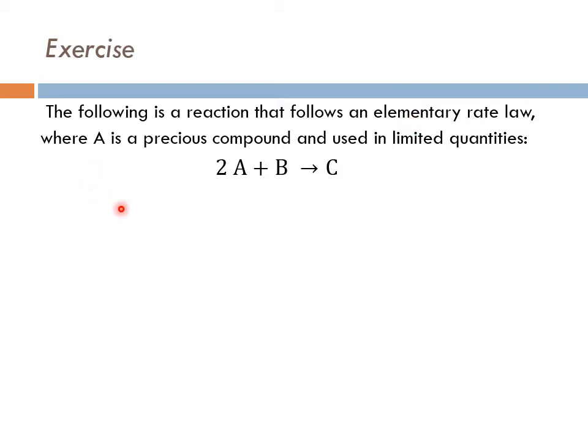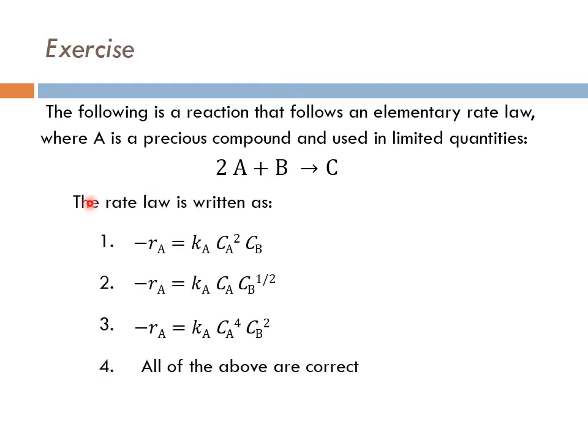Okay, so in this reaction, A is a precious compound and used in limited quantities. The question is, the rate law is written as this option, this option, this option, or all of the above are correct. What's your choice? Yep, you got it right. This is the correct answer because the rate law is elementary, so it has to follow a power law model.